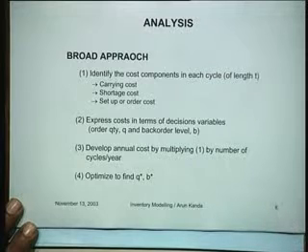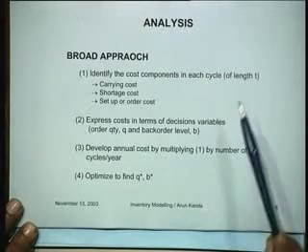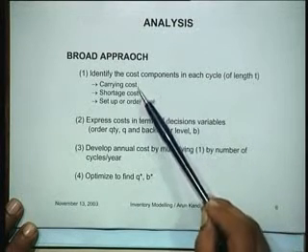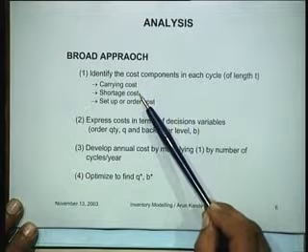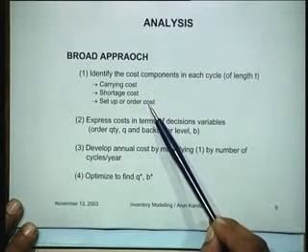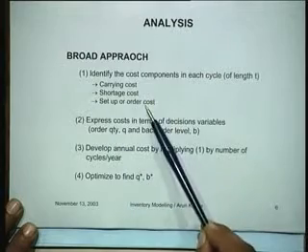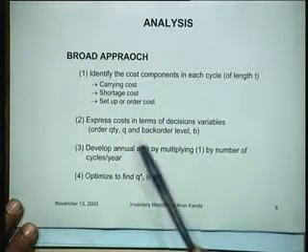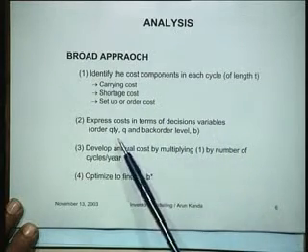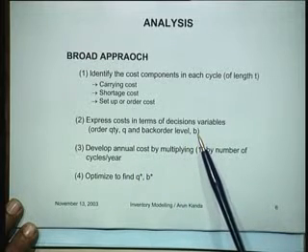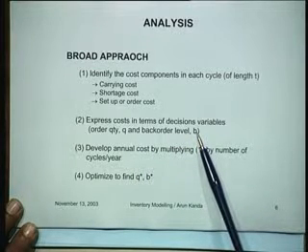So you look at one particular cycle, and during that cycle t you identify what is the carrying cost, what is the shortage cost, what is the setup cost for that particular order. Having identified these costs, then you express the costs in terms of the decision variables, which are order quantity Q and the back order level B.